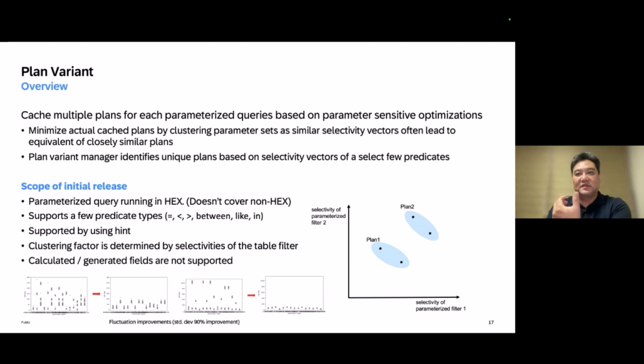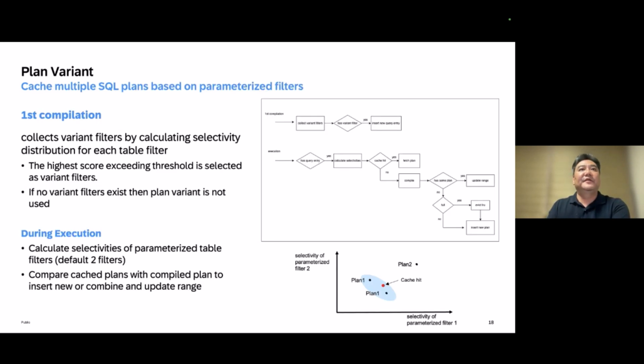And once this ellipse has been formed, the fifth execution may be within the ellipse area or outside the boundary, but if it's inside, it will be determined as a cache hit, and it will automatically utilize plan 1. So this is how we're utilizing the plan variant.